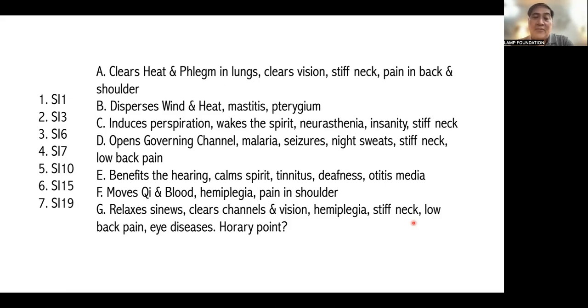So if SI7 is the luo connecting point of the SI, who is the luo connecting point of the heart channel? Kanina lang yan. So alam na natin. Heart 5, Doc. Okay. Heart 5.